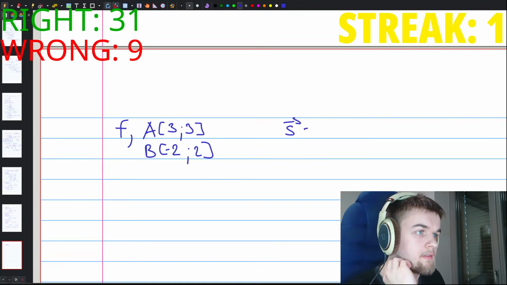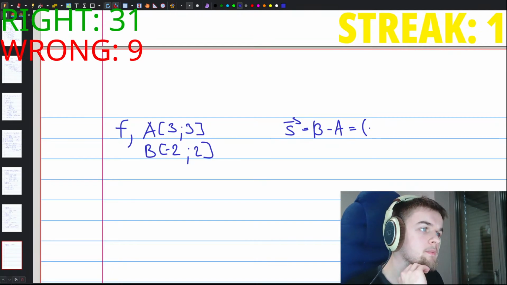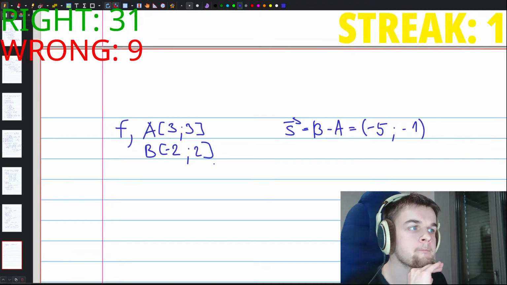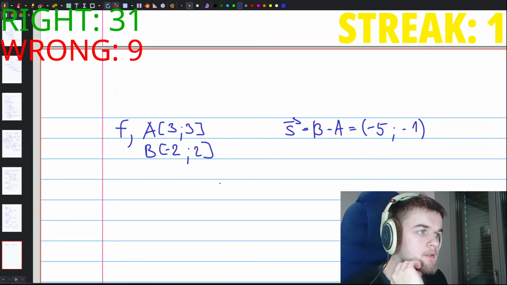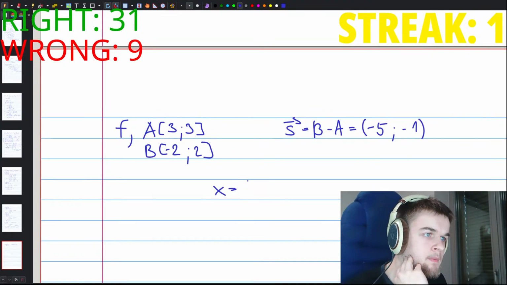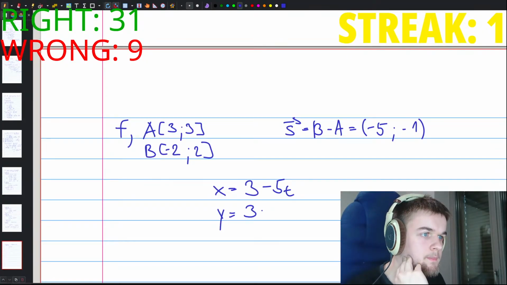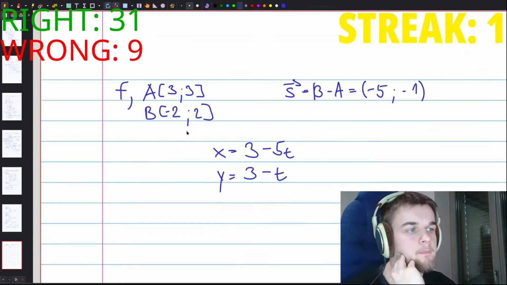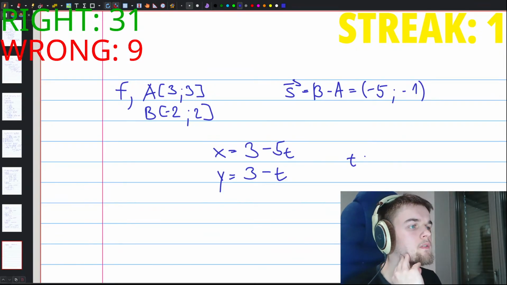So once again, the directional vector is B minus A, which yields minus 2 minus 3 is minus 5, 2 minus 3 is minus 1. So that leads us to X. Once again, I have to plug in this one. X equals 3 minus 5t, y equals 3 minus t, where t, of course, belongs to the realm of numbers between 0 and 1.